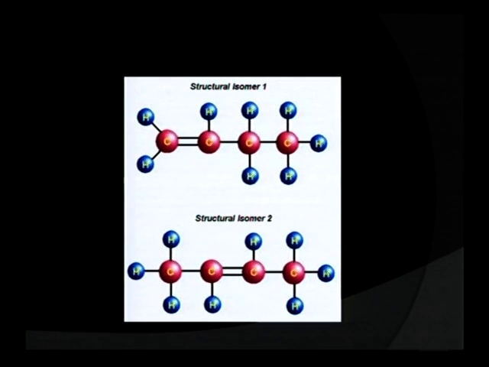So friends, here this is the structure of isomers. This is the structure of isomer 1 and this is the structure of isomer 2. So friends, you are eagerly waiting, so is it possible or not? Compounds have the same molecular formula but are structurally different in some way.